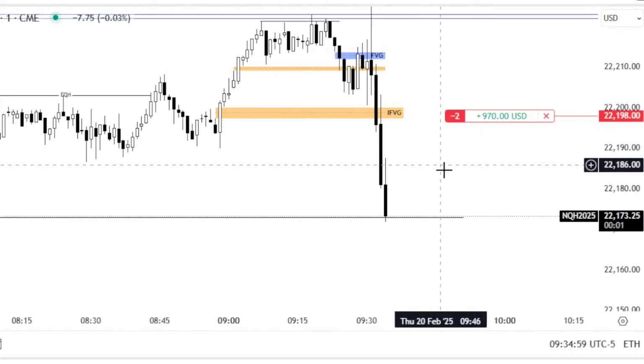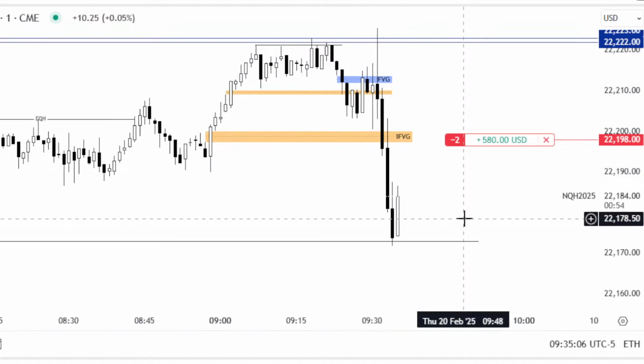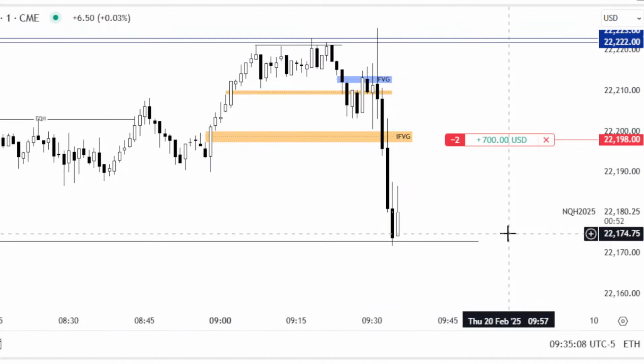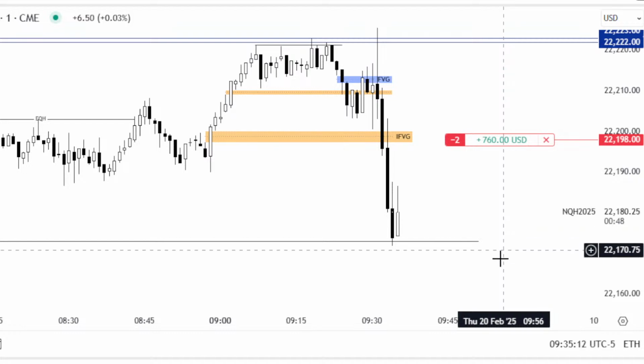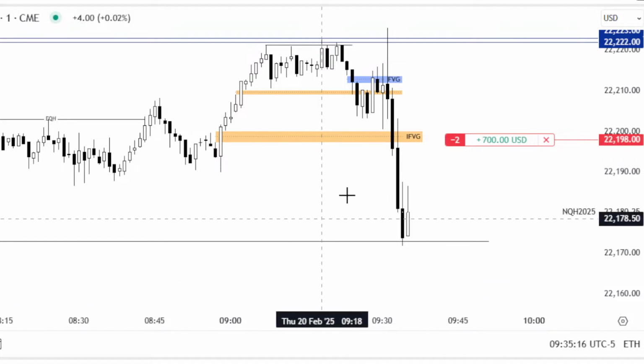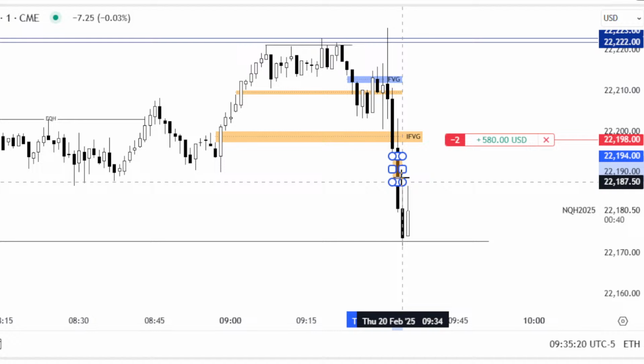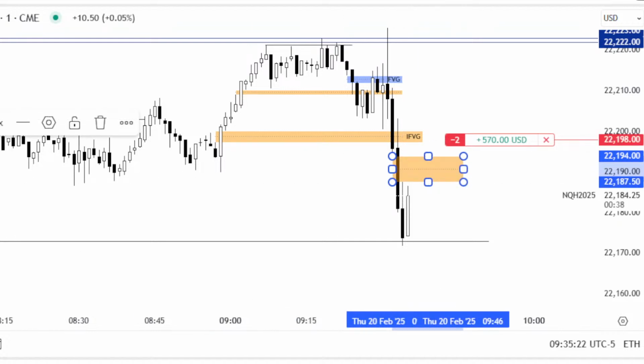So we could see a pullback here, and then push further down. Fair value gap up here.